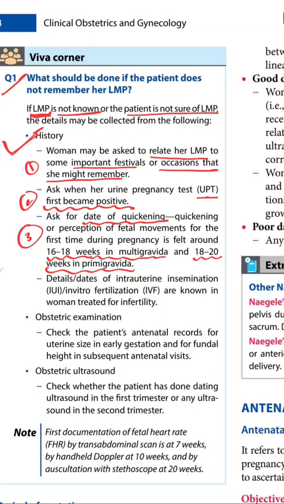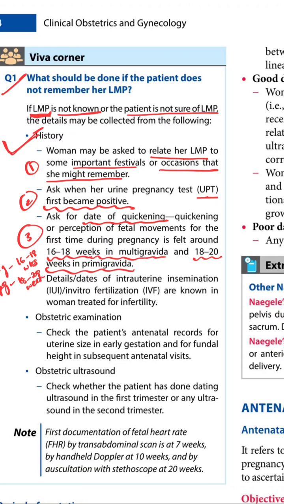So the quickening will be felt much earlier in multigravida women as compared to primigravida women.